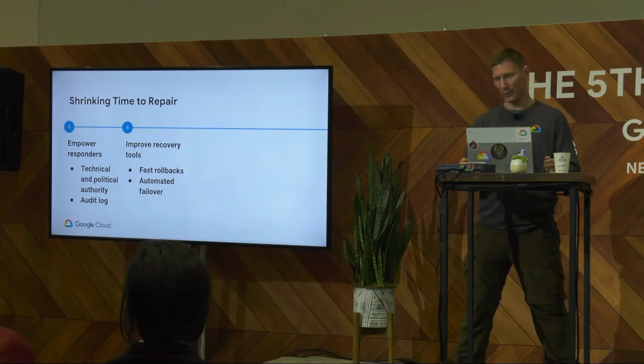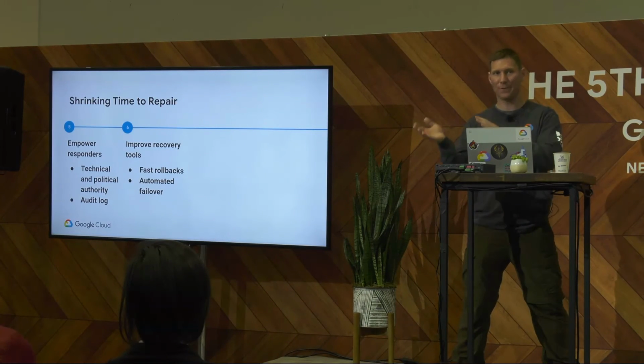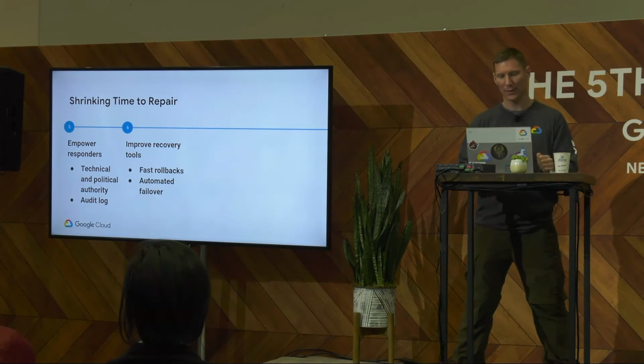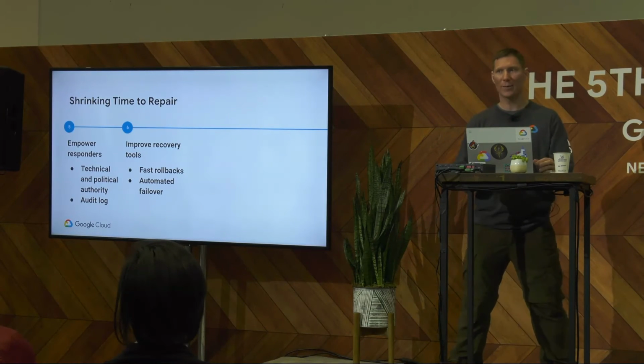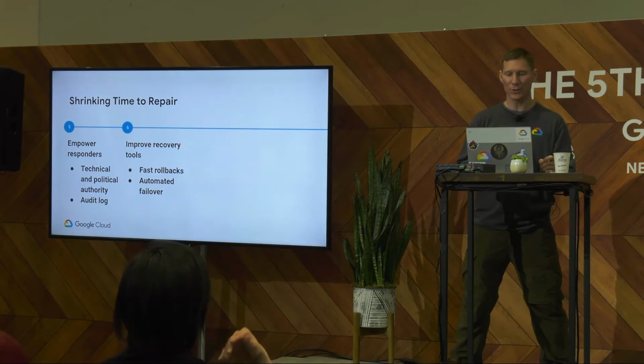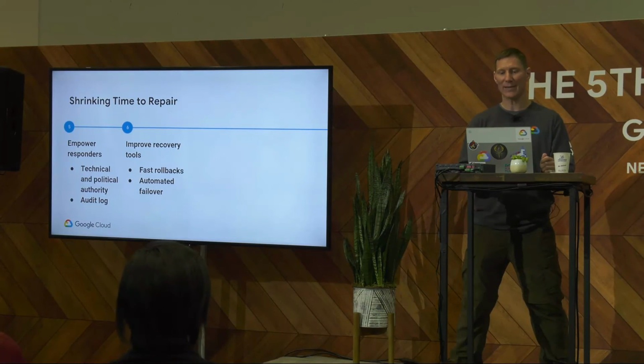Or automated failover. When something goes wrong in a particular part of your application, can you just fail over to your backup somewhere? This is very dangerous to do manually. You want to automate this as best you can. And this comes up all the time in postmortems. When you write about what you can do better next time, think about what tools you've used and what processes can be made faster.